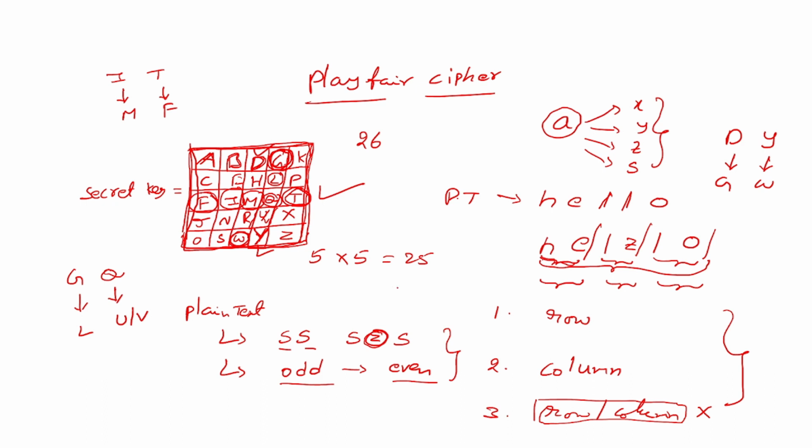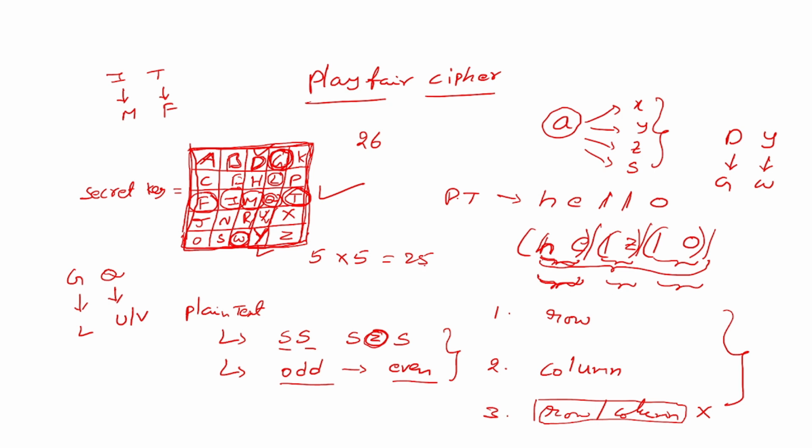The key stream is a collection of sub keys. So this is a sub key. From plain text only, we are generating the sub keys. So for HE, for LZ, for LO, we are generating the key stream and at the same time the cipher stream. So this is the Playfair cipher.